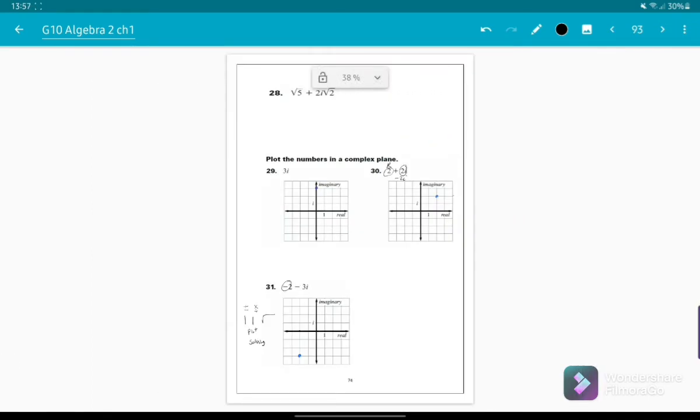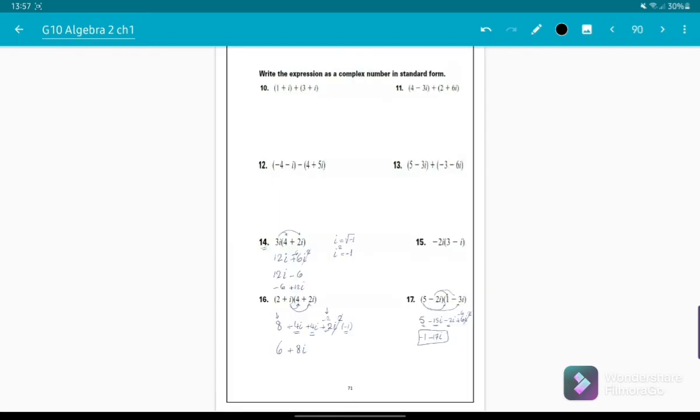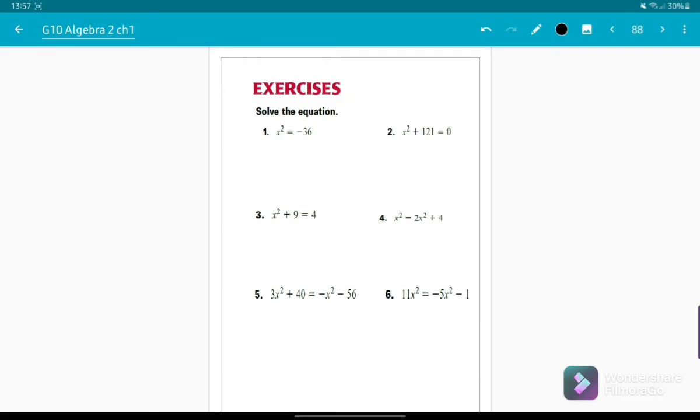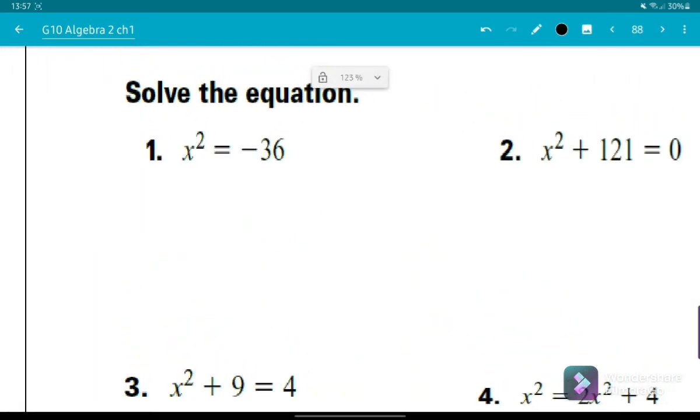The last part is about how to solve equations with imaginary answers or solutions. If x squared equals negative 36, to solve this, take the square root for both sides.